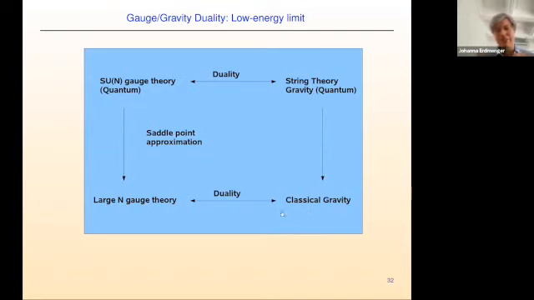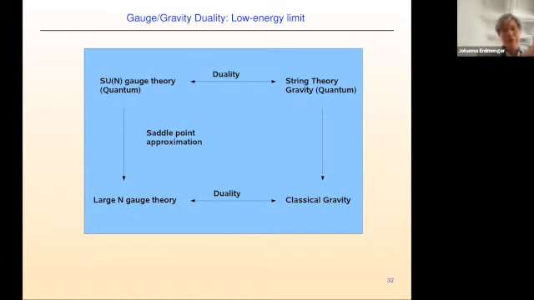So there's no conceptual issue in this corner. This limit, which takes us from the quantum to the classical theory on this side of the duality, is precisely the limit which takes us from the standard SU(N) theory to the limit where N is infinite. So we cannot get rid of this limit, otherwise we ruin the entire construction. If we want to do explicit calculations, we have to work in this limit at the bottom part of this diagram.